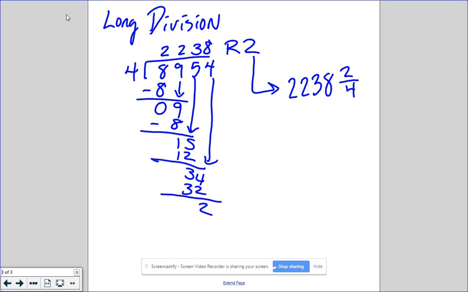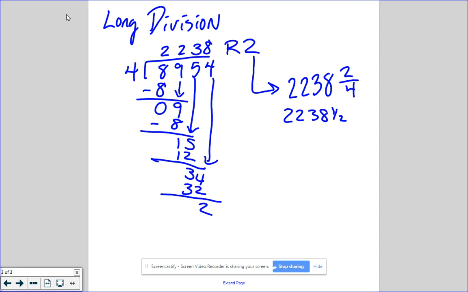And that, as I hear some of you say, is the same thing as saying a half, or 0.5. Okay? So, that's basic long division. You've been doing that since 4th grade or 5th grade, depending on when you learned it. I know for sure 5th grade.